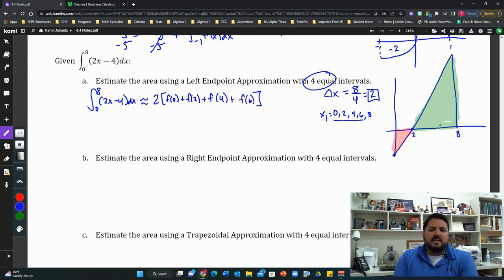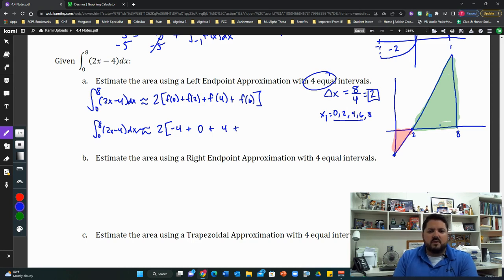In this case, I have the graph, but the graph doesn't really tell me the whole story. So I actually need to substitute those values of x in here to get those y values. So my integral will be approximately equal to 2 times f of 0 would give me -4. f of 2 gives me 0. We already said that. Then f of 4 would give me 8 minus 4, so +4.